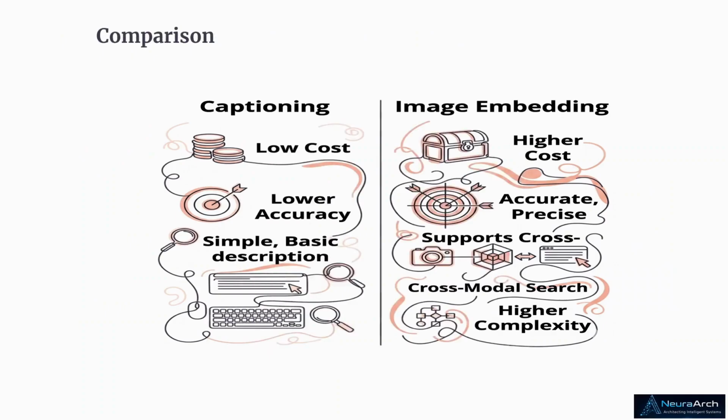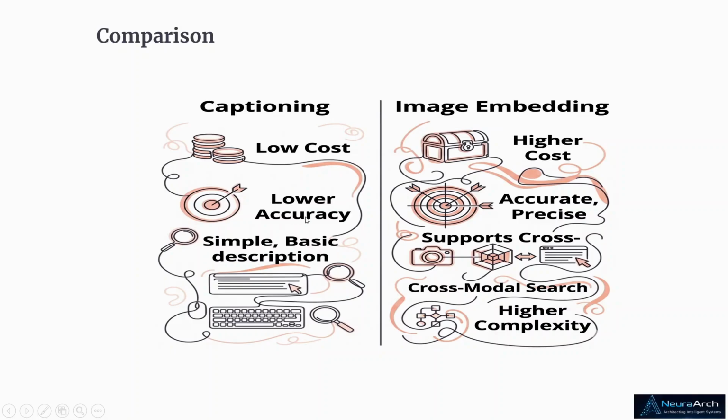So here is a brief comparison between the two options: captioning against image embedding. Definitely, captioning is going to be low cost because even though you are processing an image, you are storing text only. So the cost is going to be much lower than in the image embedding option.